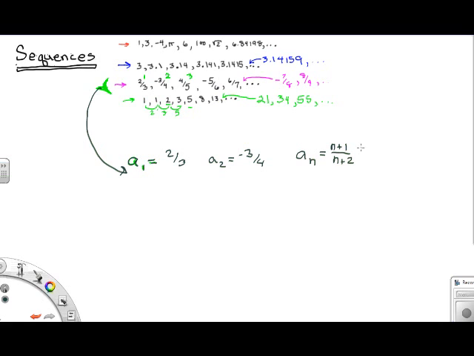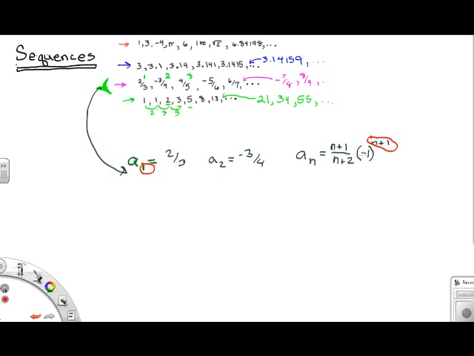But a nice way to describe that is to think of -1 raised to a power. So I wanted to start with a positive one. If -1 is raised to an even power, it's going to be positive. And if I start with the term 1, the power on AN is going to be n plus 1, which is 1 plus 1, which is 2.